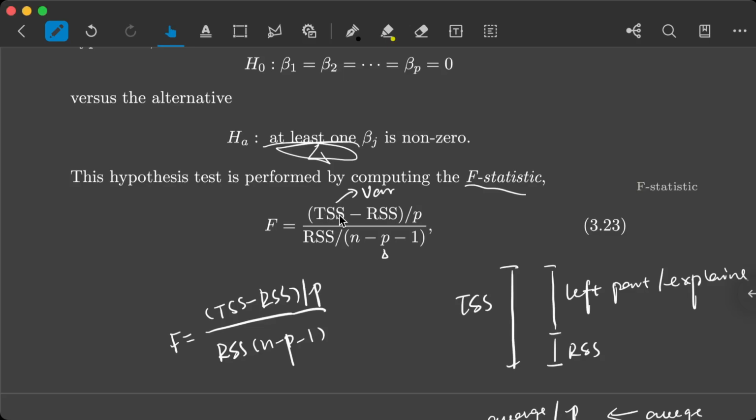The first one is TSS, the total sum of squares, which you can understand as the variance of the response. Another term is the residual sum of squares, RSS, which means the variance of the data after you have made some prediction.